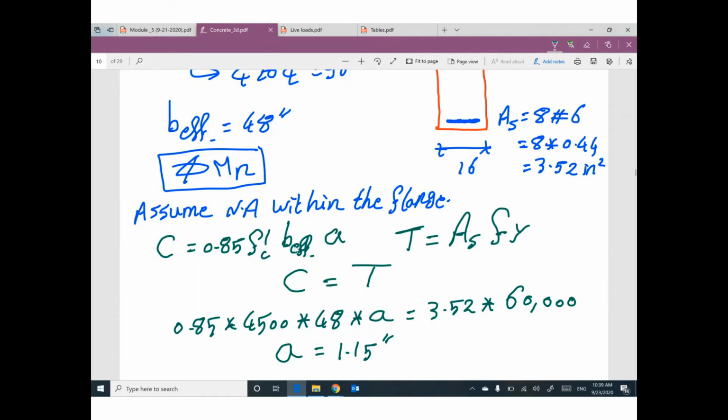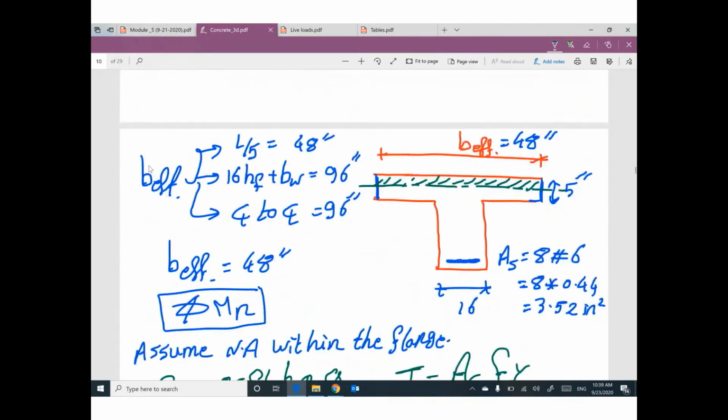For the first case, to figure out b effective, you did L over 5. Shouldn't it be L over 4? Yeah, you are right, you are reminding me right now. Span divided by 4. I'm sorry, guys, this number will be wrong. So 20 times 12 divided by 4 will be 60.